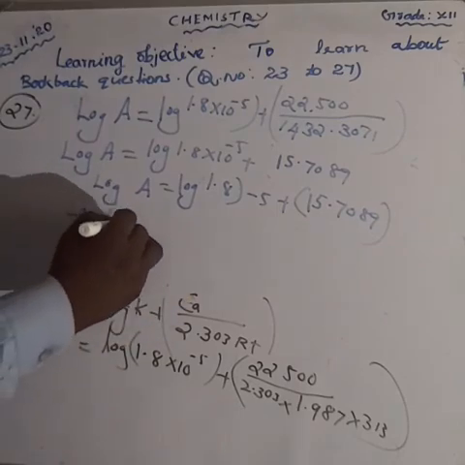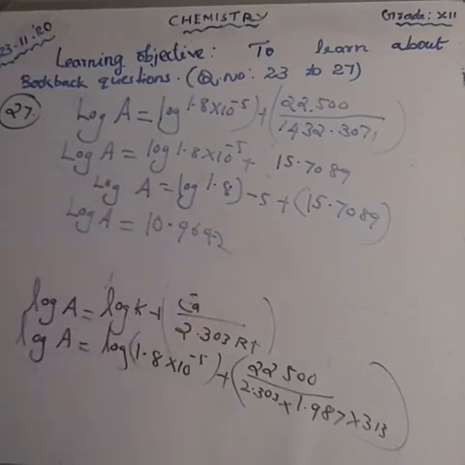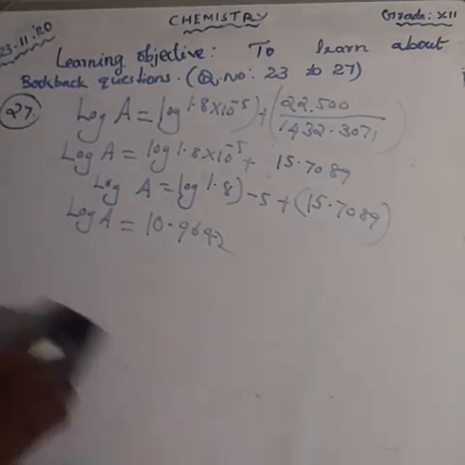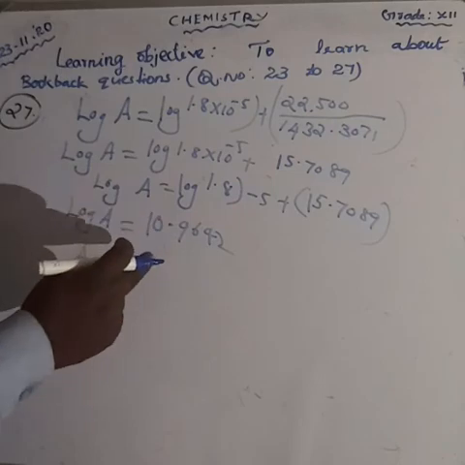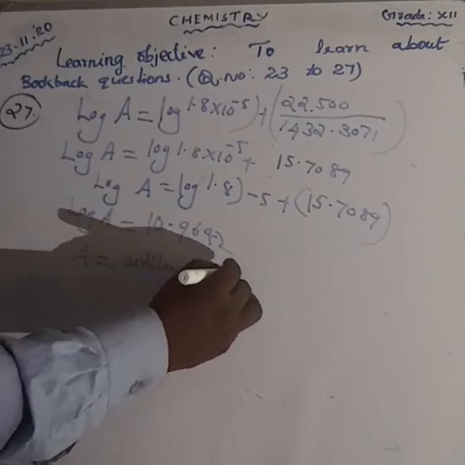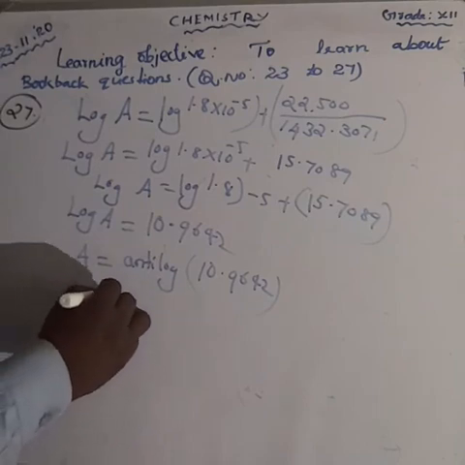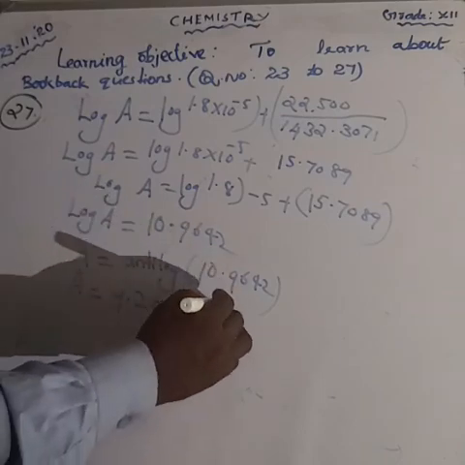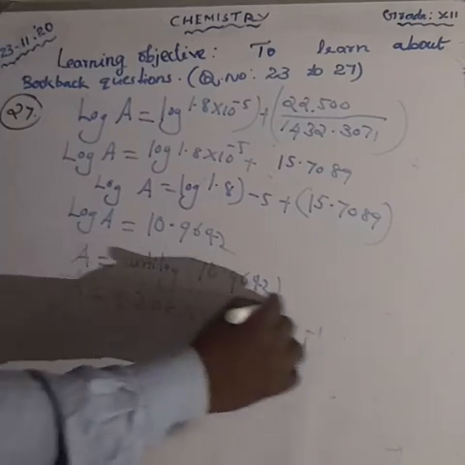Log of A equal to 10.9642. Now A is equal to antilog. We take the antilog of 10.9642. About the antilog, A is equal to 9.208 into 10 raised to about 10, in second inverse. This is the answer.